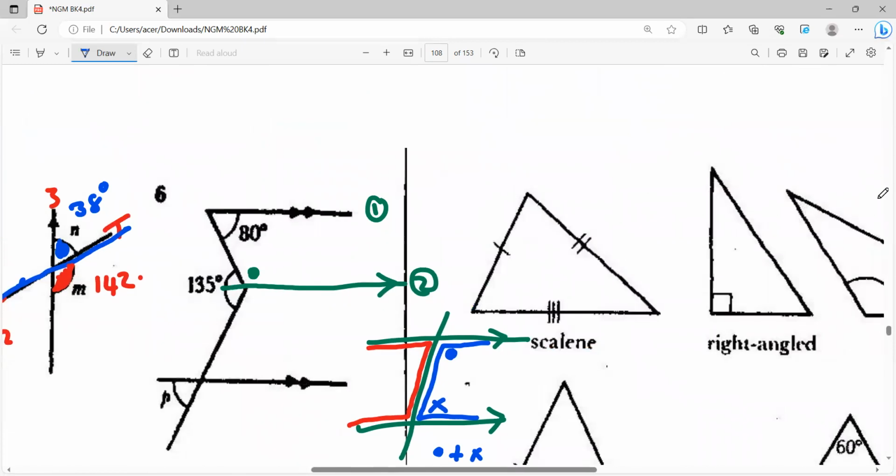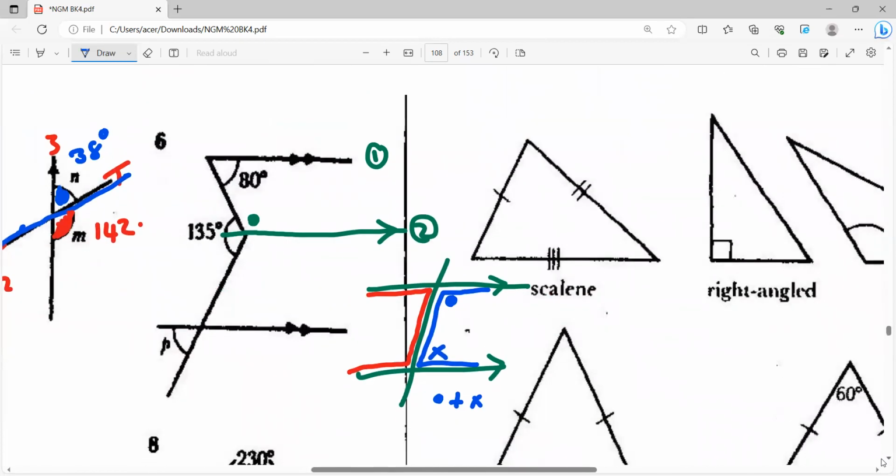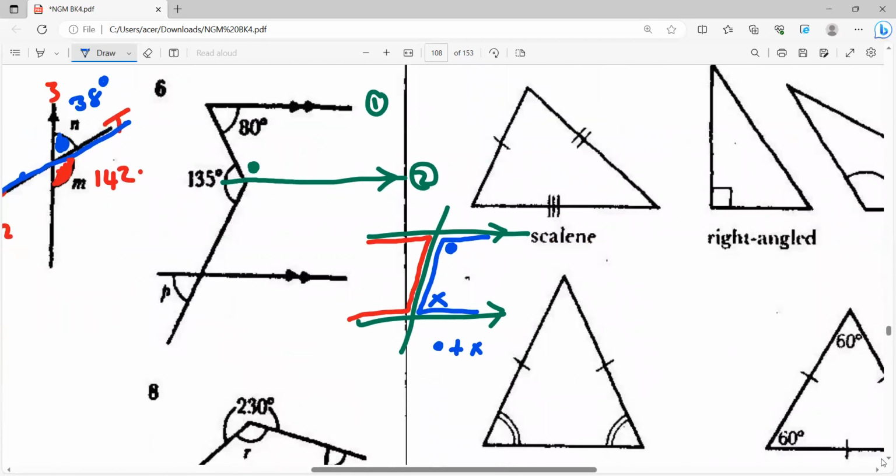All right, C angles add up to 180. But the technical name for C angles is not actually C. They are called co-interior angles. They add up to what? To 180. So if you look at C and the green dot, they are co-interior.